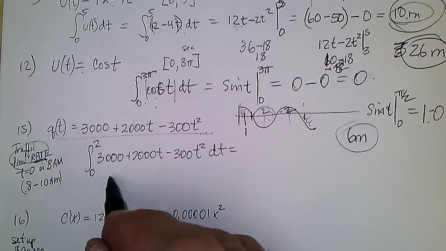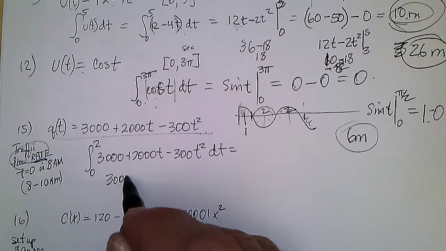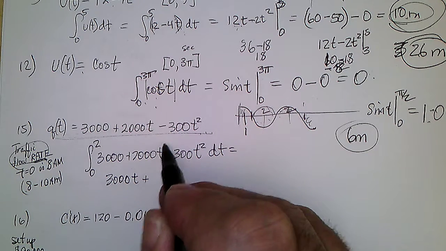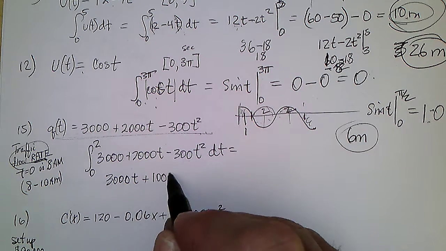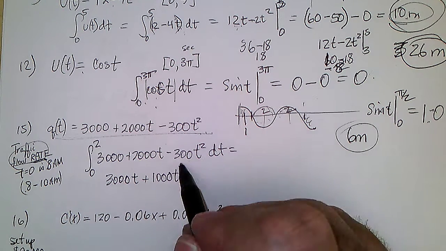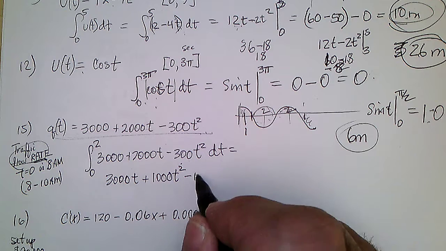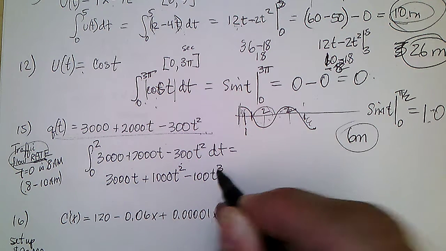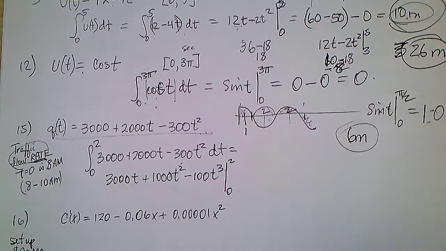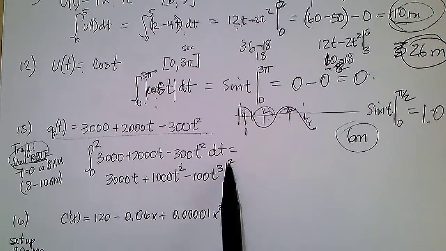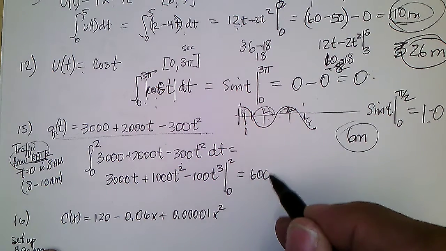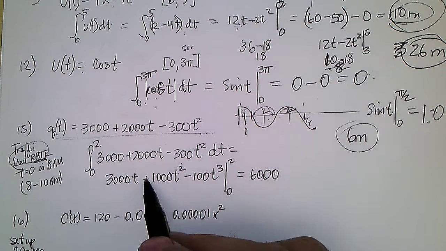So that would be 3,000 t plus squared and divide by 2, so that'd be 1,000 t squared. And 2 to 3, divide by 3, so that'd be minus 100 t to the third, evaluated from 0 to 2. 0 is going to produce nothing, but the 2 is going to make 6,000 cars.